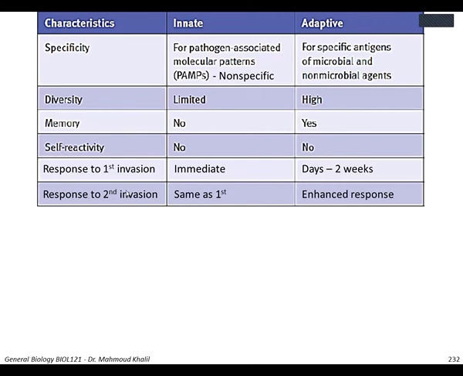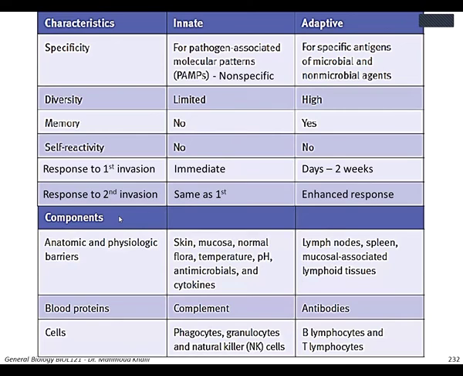For the second invasion, there is no difference in the innate response between the first and second invasion, but the difference is great for the adaptive response because there is an enhanced response in the second invasion of the same antigen. For the components, as we said, we have humoral and cell-mediated.